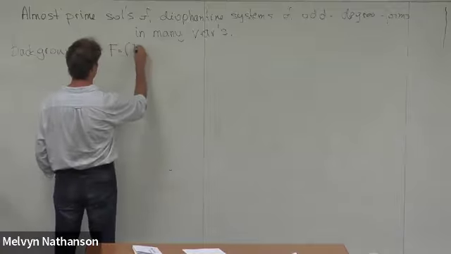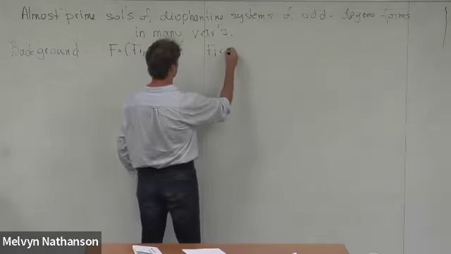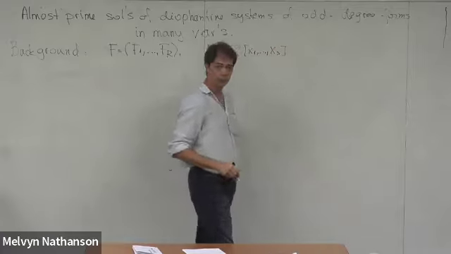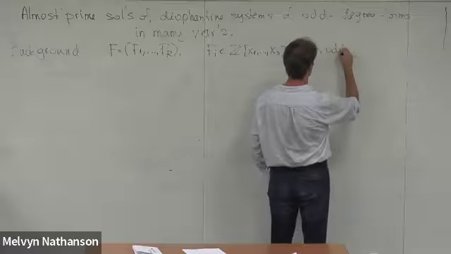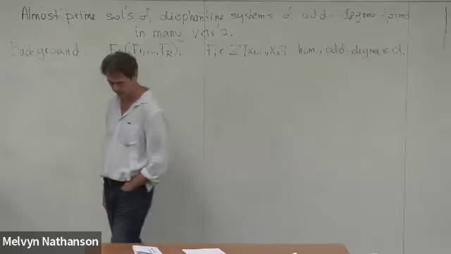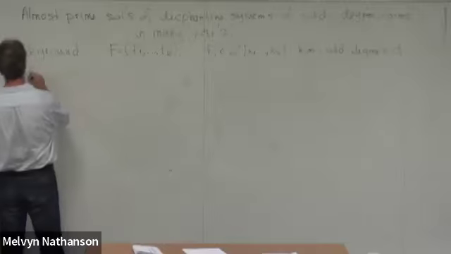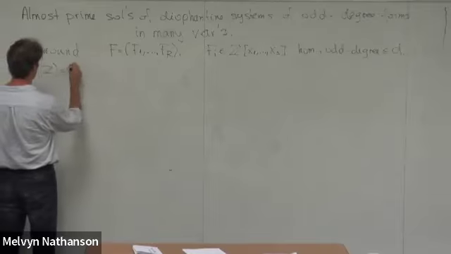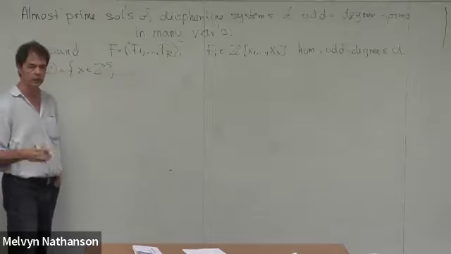Let's say F is a family of integer polynomials, F1 to Fr. Each Fi is in s variables, and it's a form, so homogeneous, and of odd degree less than or equal to D. So all of the forms have degree less than or equal to some fixed D. And then we look at the integer zero set, so these x in Z to the s, where all of these Fi's vanish.